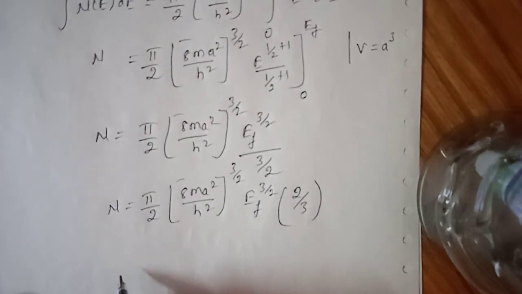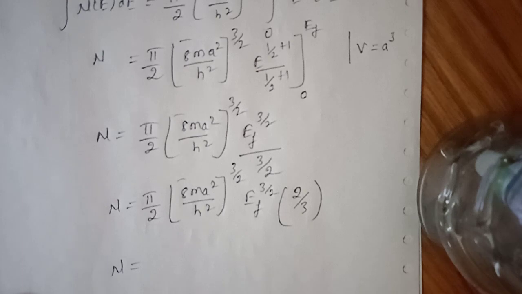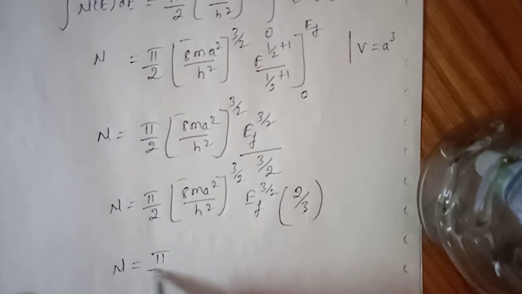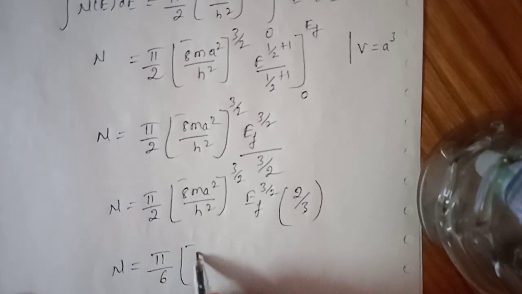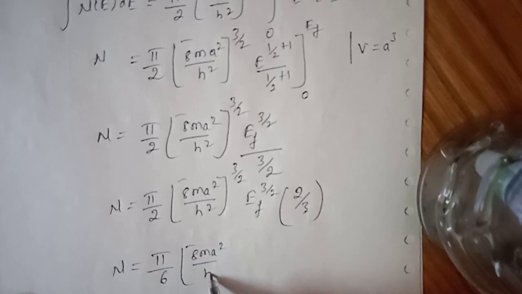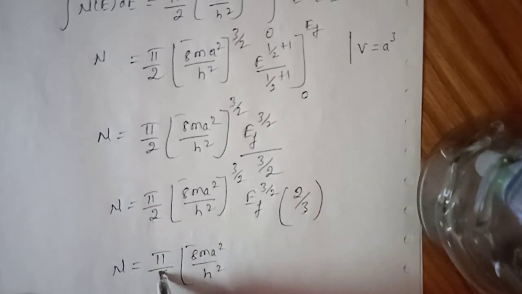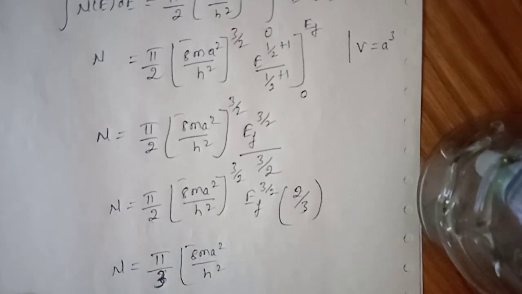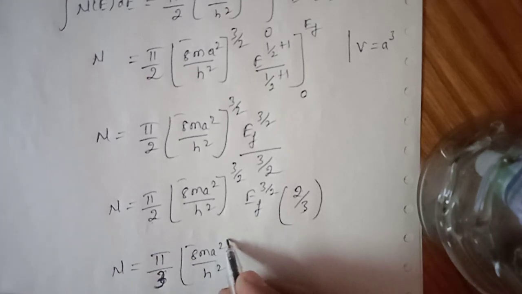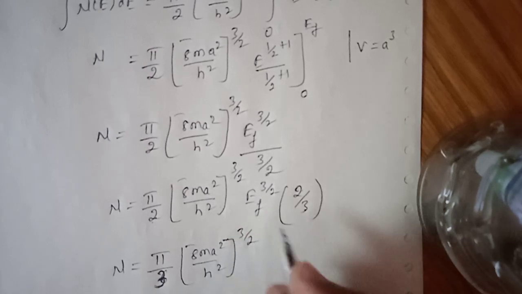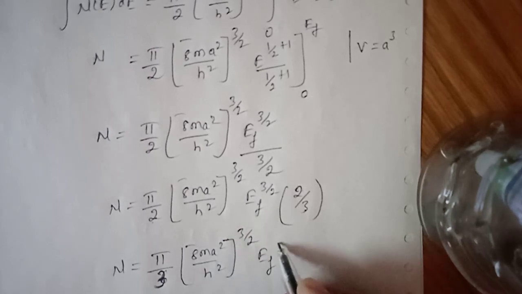Now here n is equal to, you have a denominator 3, 3 into 2 is 6, and you have here 2, so 2 ones are 2, 3 twos are 6, it is simply pi by 3, 8m a square by h square to the power 3 by 2, EF power 3 by 2.